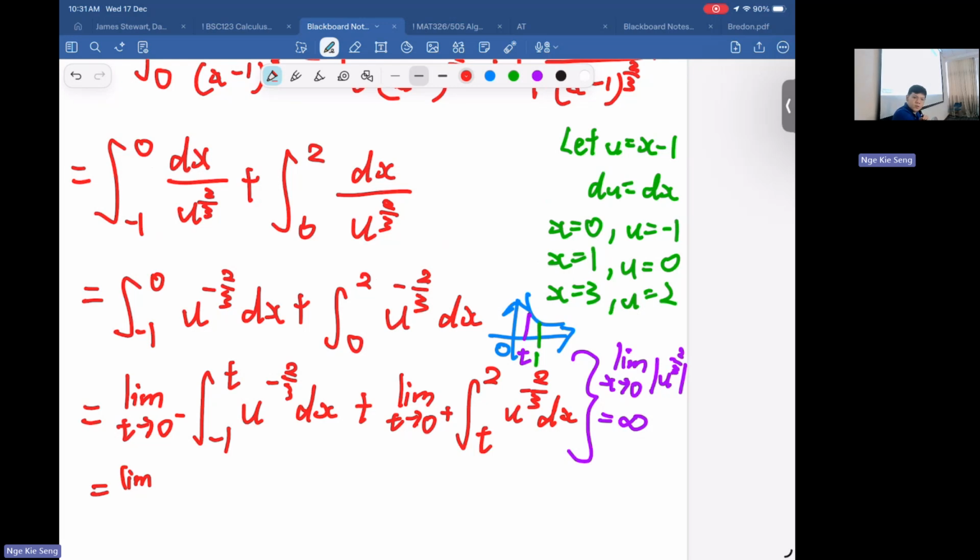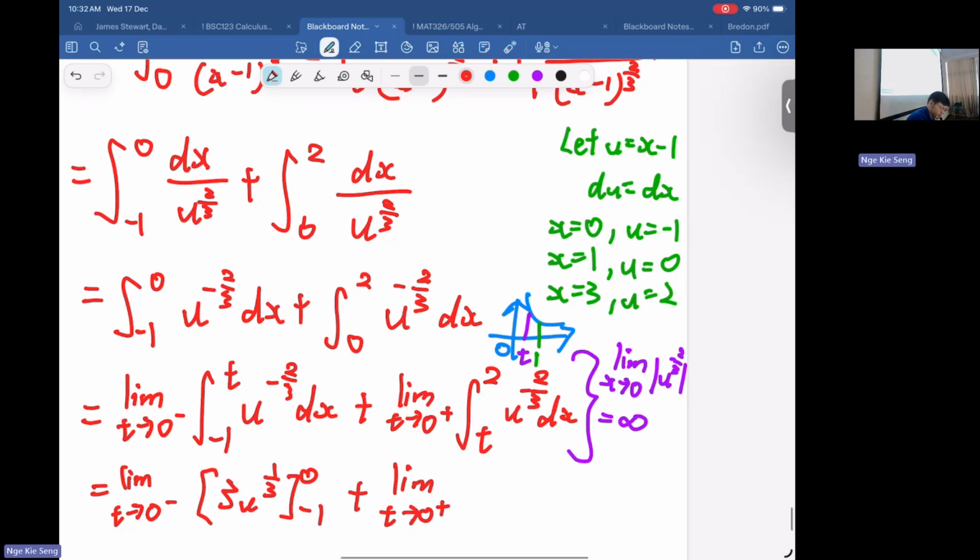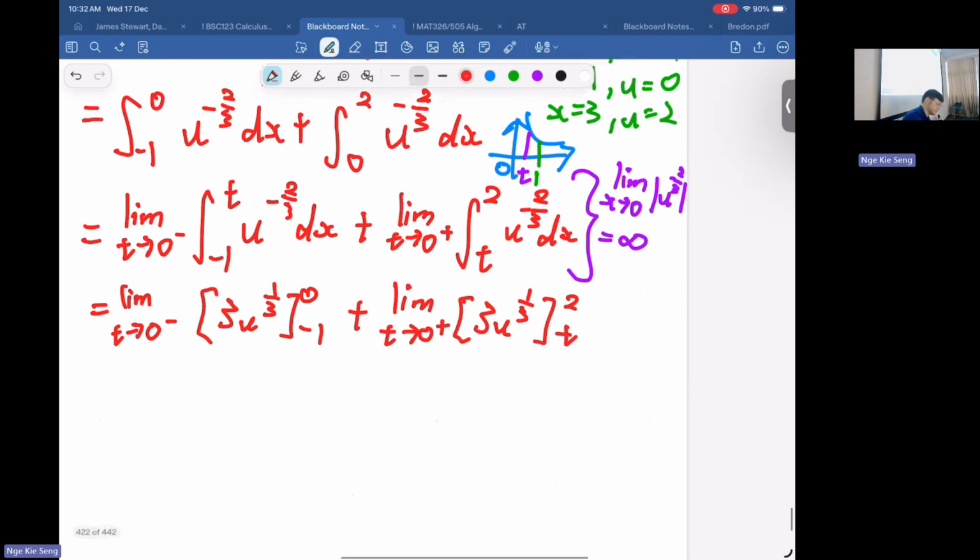Okay, so let's see. It turns out that this integration result is very pleasing. It's just 3 over 2 of u to the 2 over 3, a very nice cube root function here. So you get minus, right?